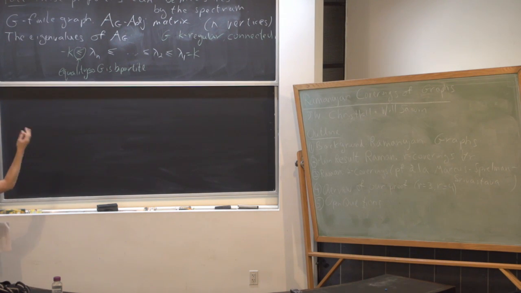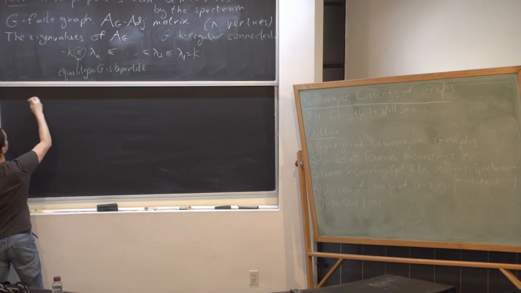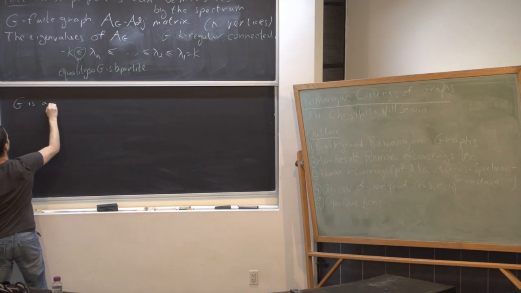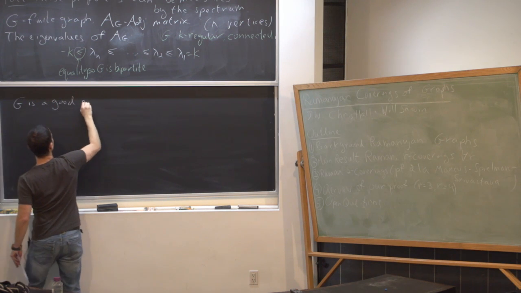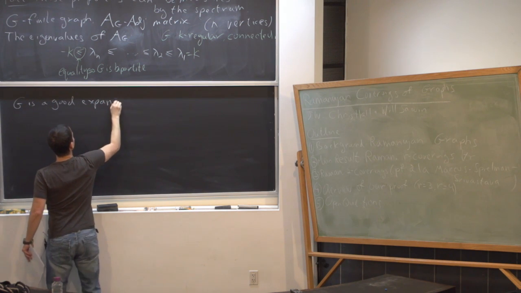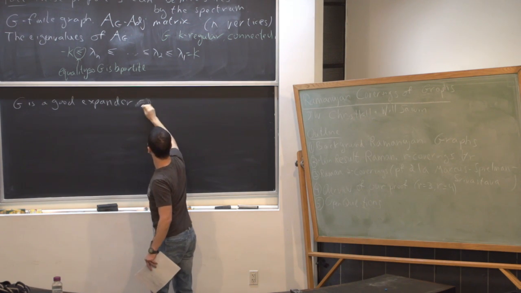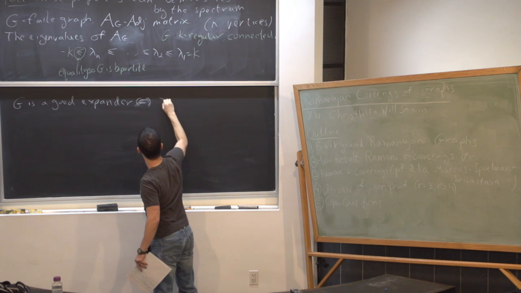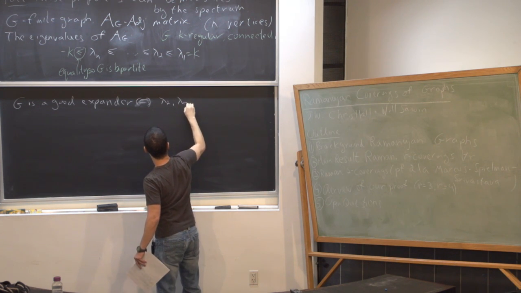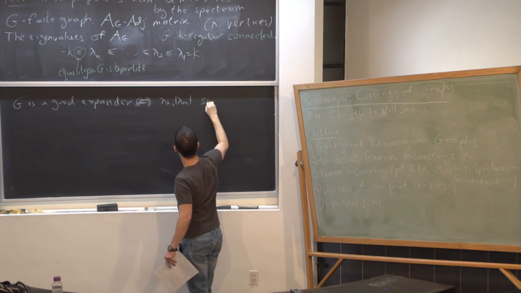So how are these properties of expansion measured by the spectrum? Simply by the fact that G is a good expander if lambda 2 and lambda n are small in absolute value.